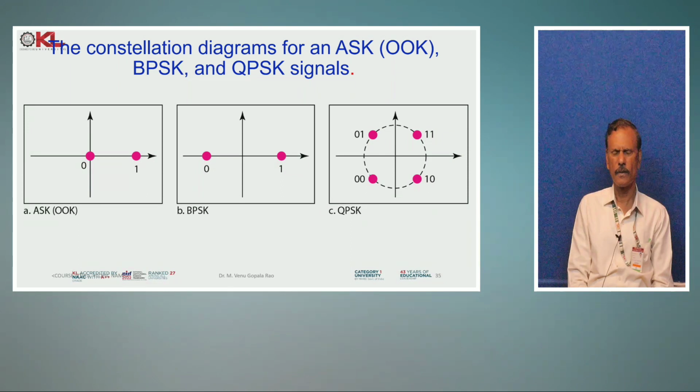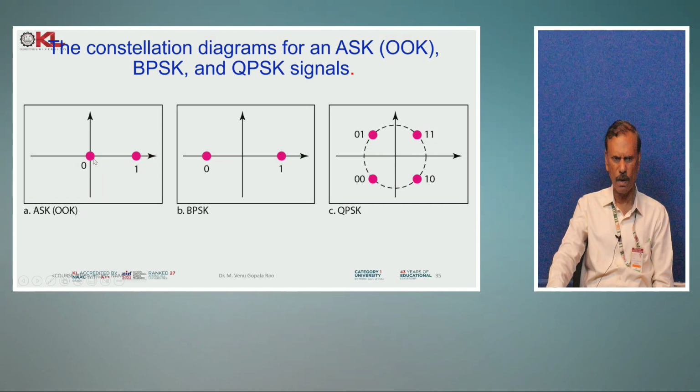Now the constellation diagram of all 3: ASK, BPSK and QPSK. We have defined it like this. ASK, or on-off keying, is only either on or off. On is 1, off is 0, so the red dot defines the off state. This is the constellation diagram of ASK.